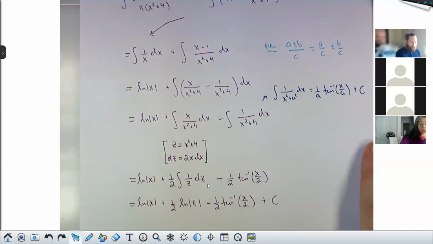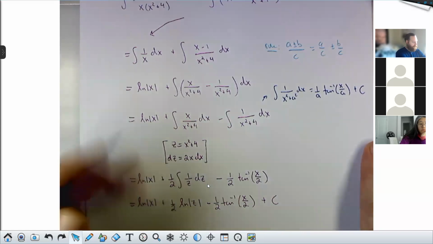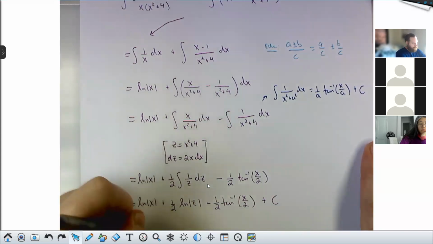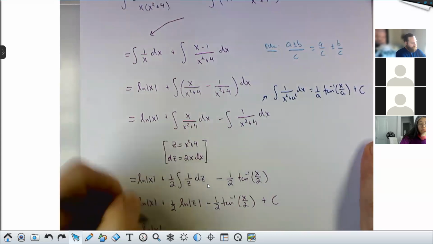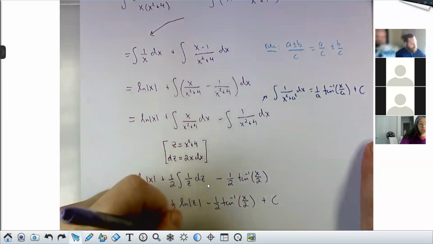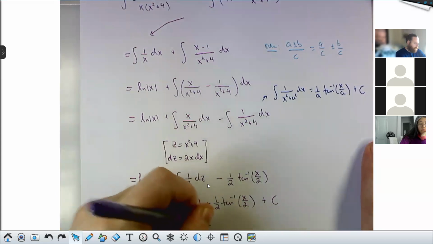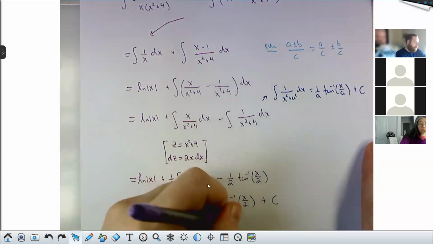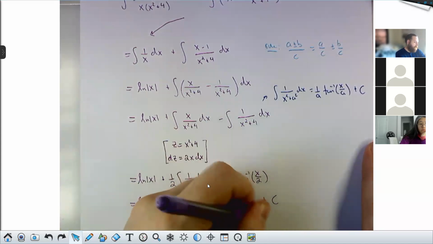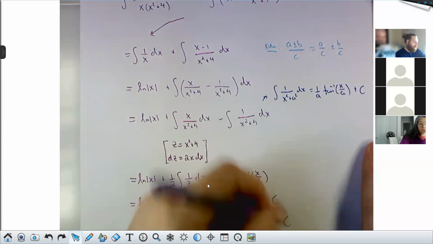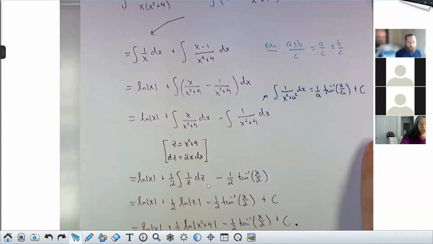And my very last step is to plug back in this z. So this is the natural log of the absolute value of x plus 1/2 natural log absolute value of x squared plus 4 minus 1/2 inverse tangent of x over 2 plus a constant, and we're done.